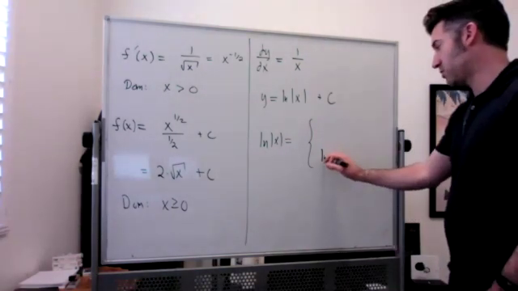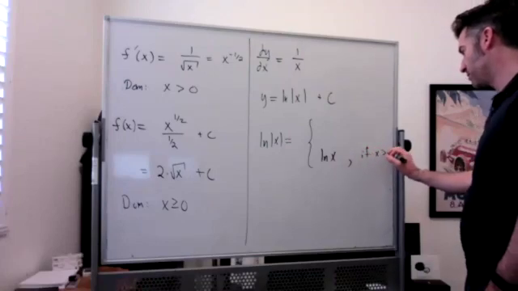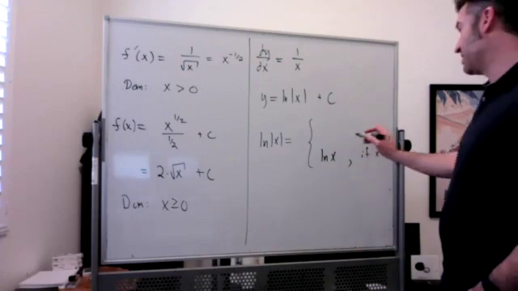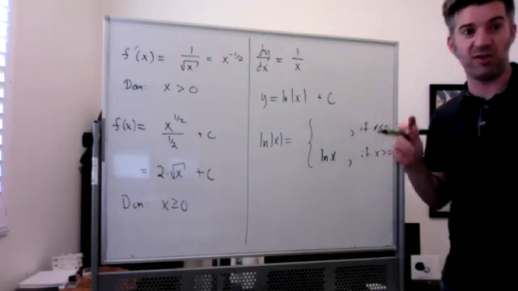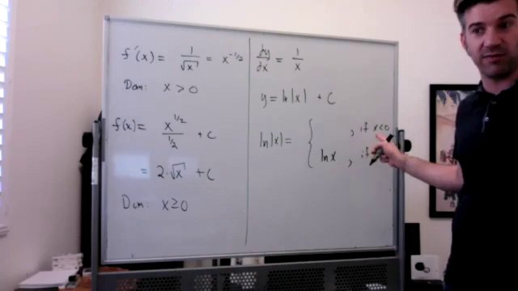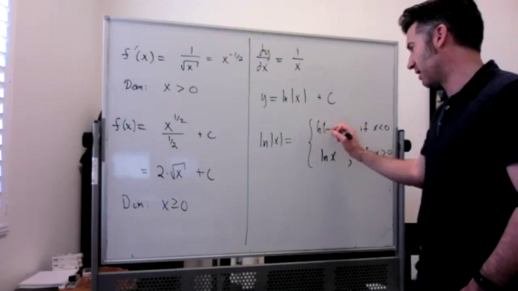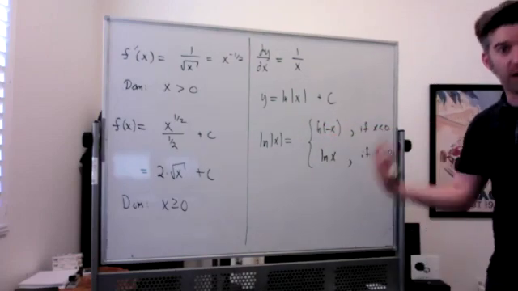It's the natural log of x if x is positive, just like it would usually be. But if x is negative, well, we can't take the natural log of a negative number. We have to change that negative number into a positive number by making it negative x. I know it sounds like I'm making it negative, but if x is negative, then negative x is positive.